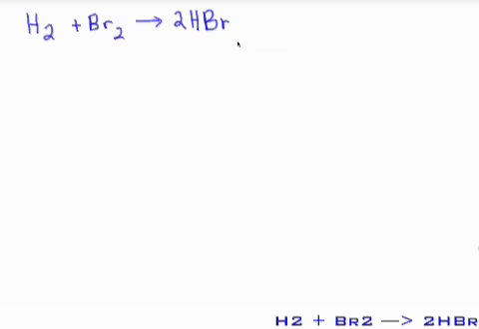Or, what does the H2 have to do before it can react with the Br2 to make HBr? Well, clearly, since we have only one H attached to one bromine, I must break up the H2. And so I start writing down these half reactions, these reactions which must occur before we can produce HBr.